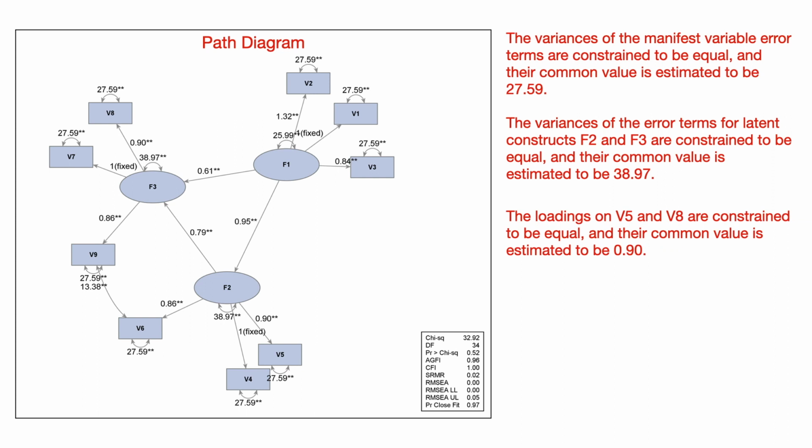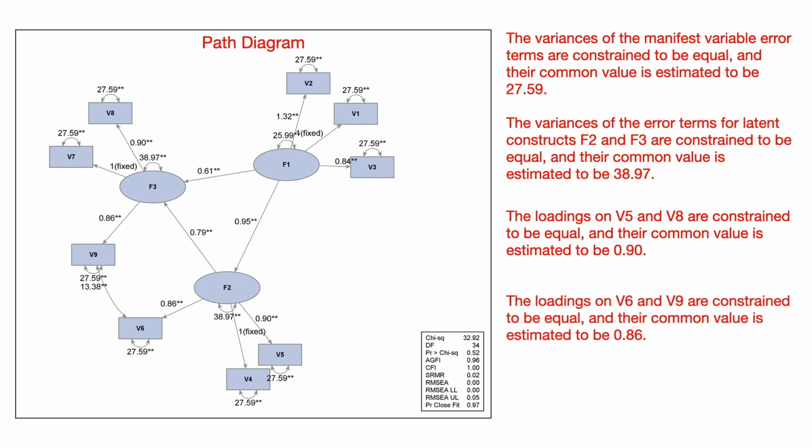The loadings on V5 and V8 are constrained to be equal, and their common value is estimated to be 0.9. And the loadings on V6 and V9 are constrained to be equal, and their common value is estimated to be 0.86.